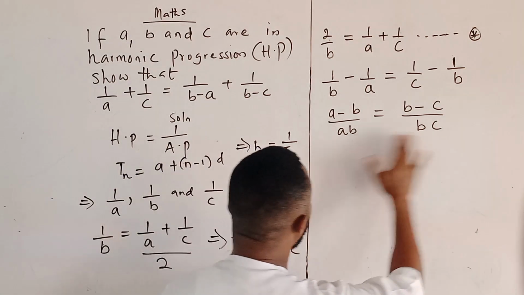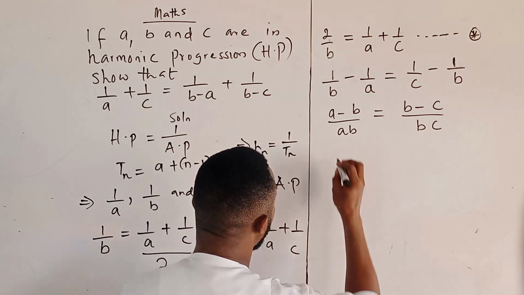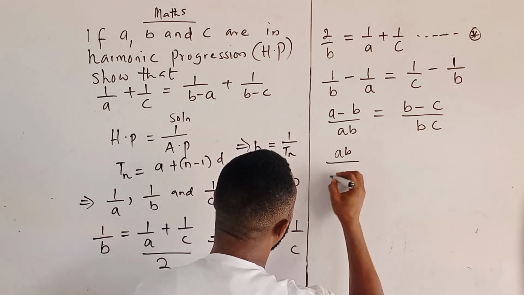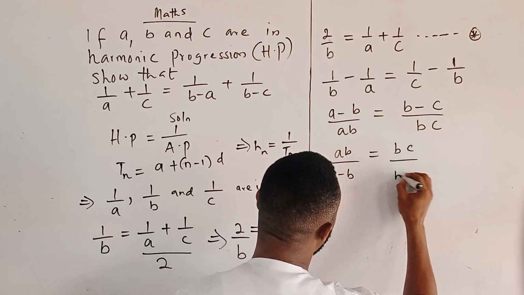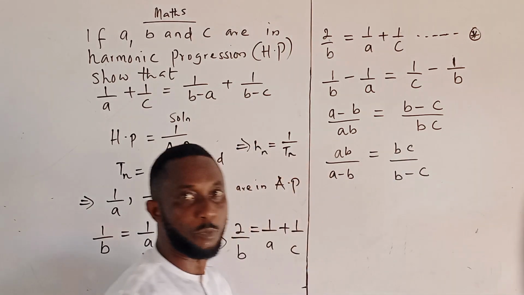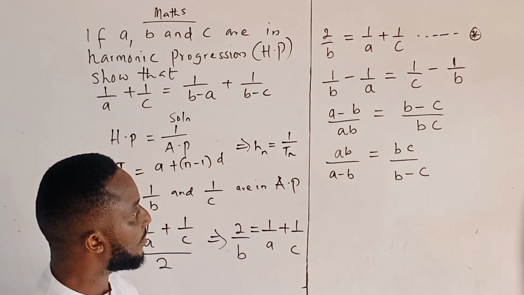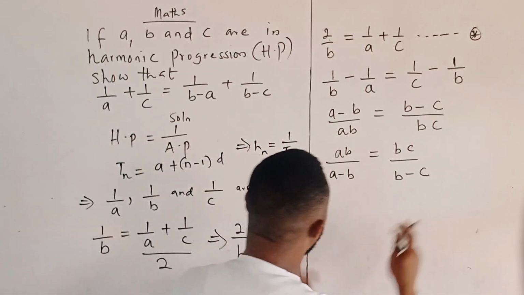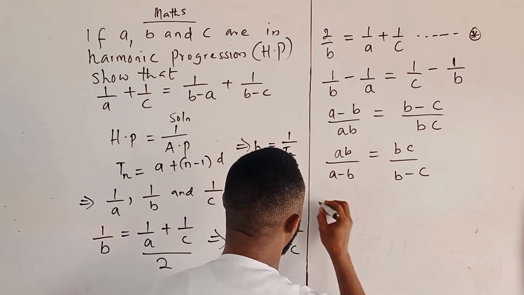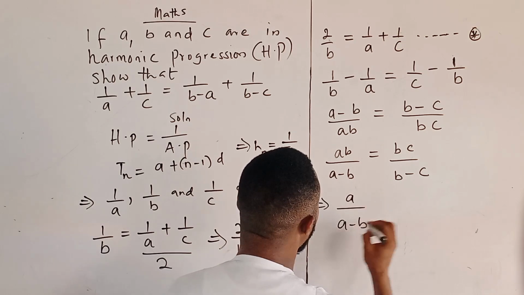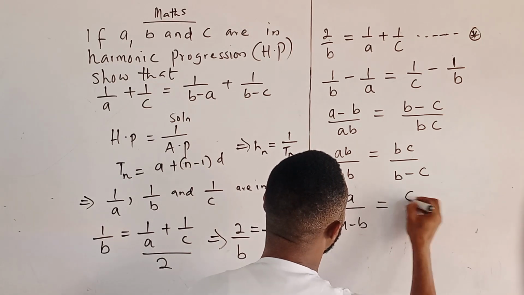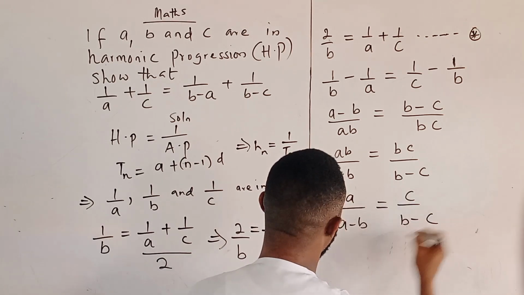Taking the inverse of these two fractions, we have AB/(A - B) = BC/(B - C). This makes perfect sense. B is common on both sides, so I can then have A/(A - B) = C/(B - C).